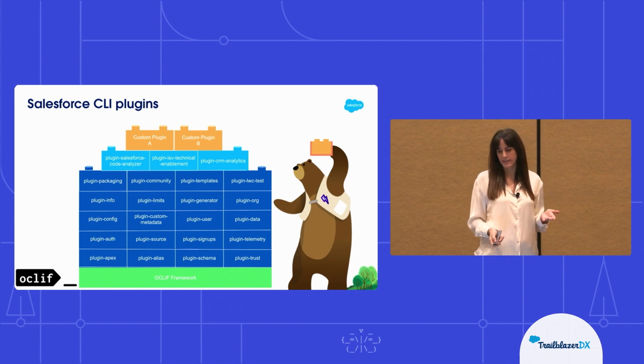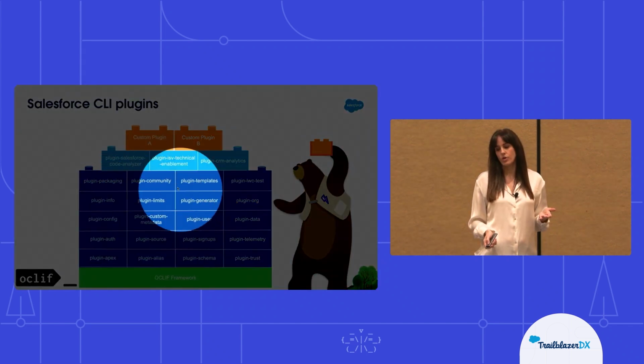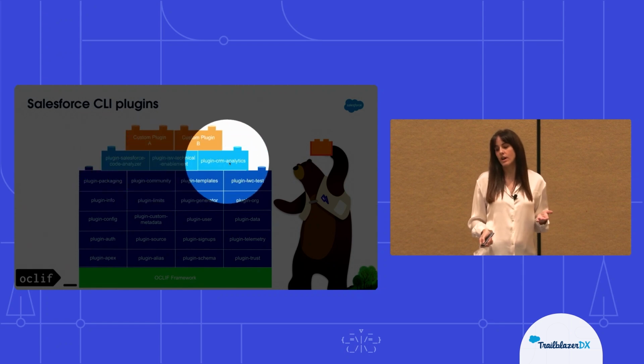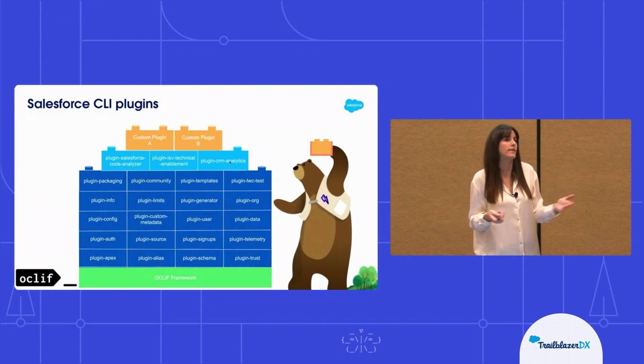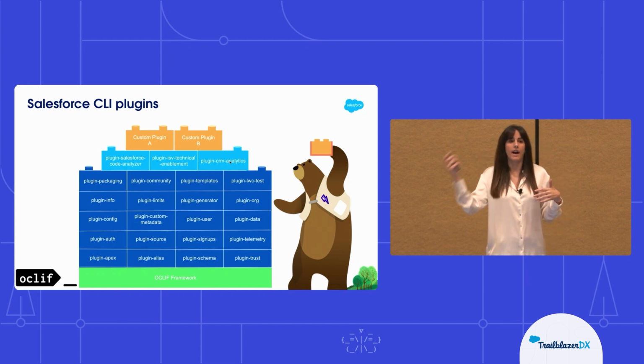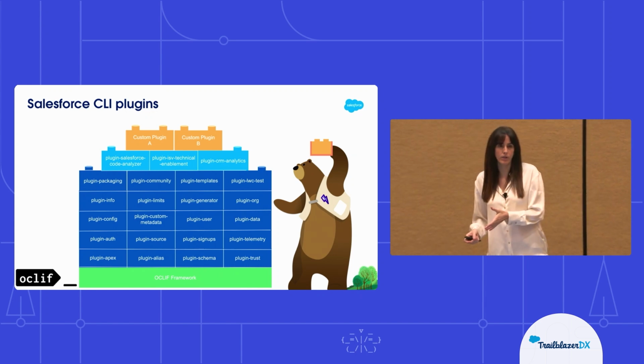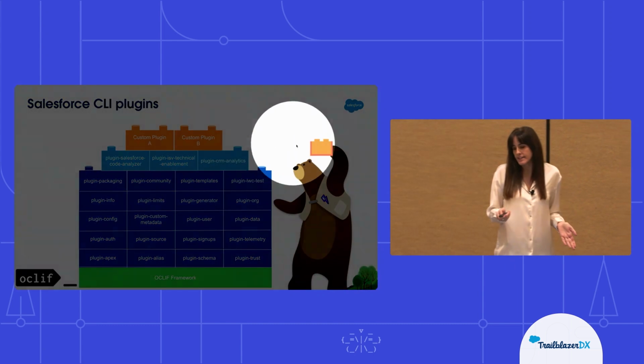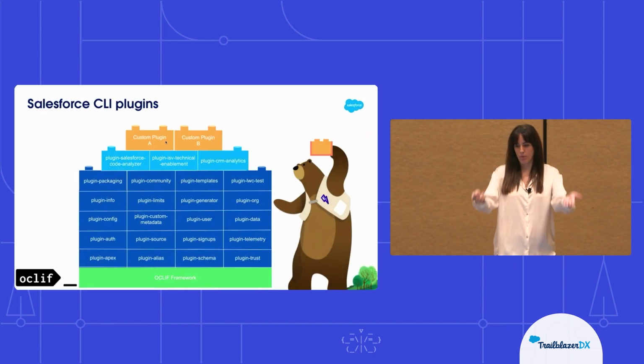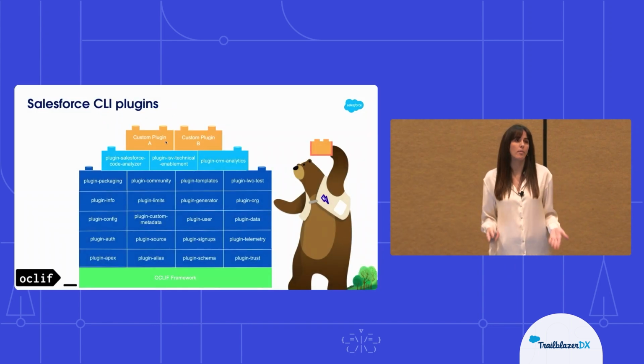Everything is modularized, as you see here. Then there are some plugins that you can optionally install depending on whether you are an ISV or not, or for instance for beta features that we haven't incorporated by default yet. And one nice thing is that developers can create plugins on top of them.